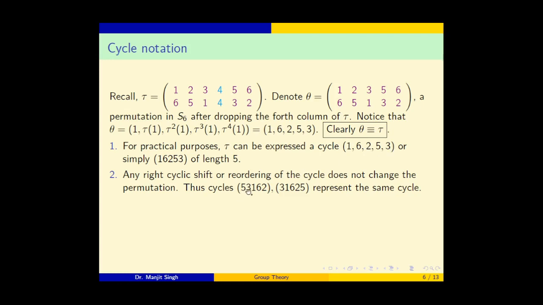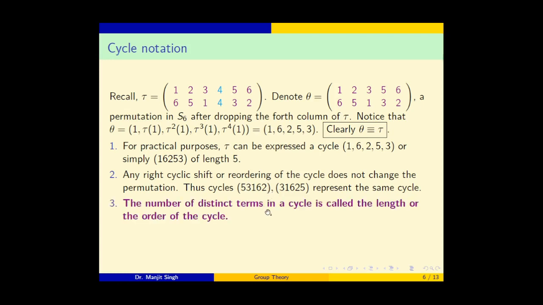For example, 5 3 1 6 2 and 3 1 6 2 5 represent the same cycle as 1 6 2 5 3 we discussed. You see here, this is 5 3 1 6 2. So we retained the order of this cycle, and therefore a cycle of length 5 can be represented in many ways. In fact, we can represent it in 5 ways.